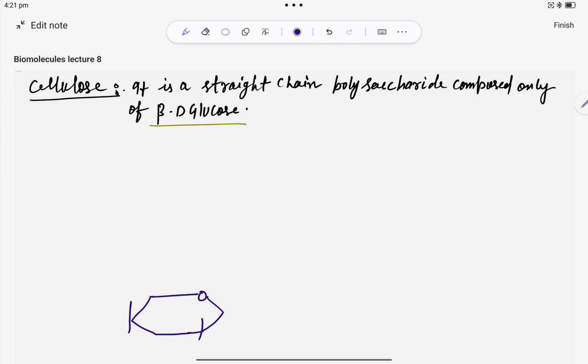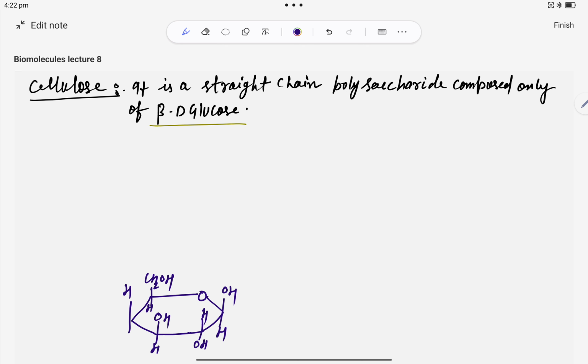Beta D glucose, OH, OH, OH, here H, CH2OH. This is your beta D glucose.